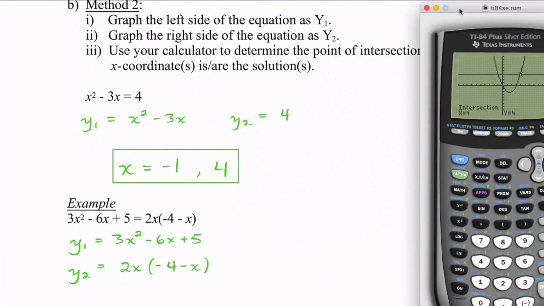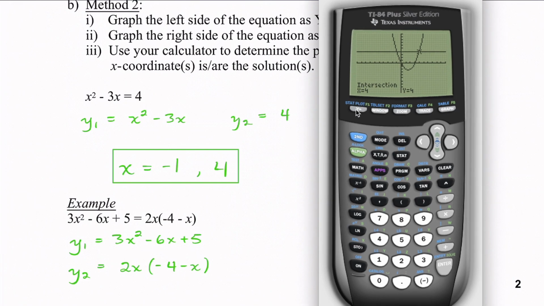So let's get back out our calculator, go to y equals, we'll clear anything we had, and then y1, we're going to type this. And then y2, put this one. Now that we have both our graphs, we can click graph.